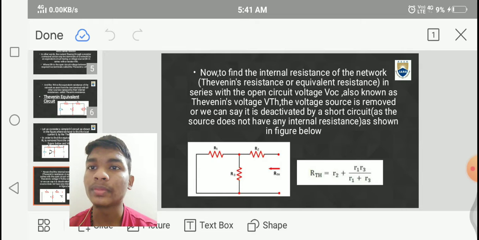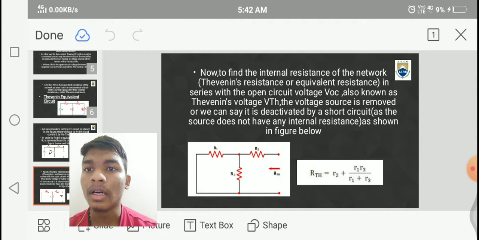We have to short circuit the voltage source, and next we have to calculate R Thevenin. R Thevenin is equal to R2 plus R1 into R3 by R1 plus R3.